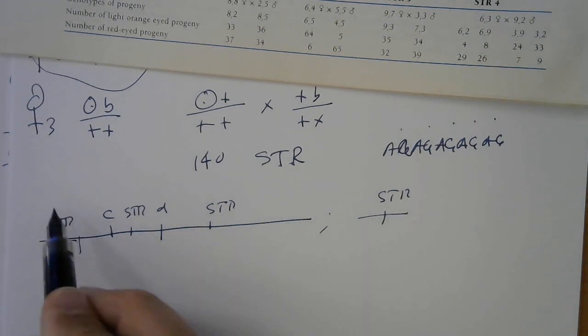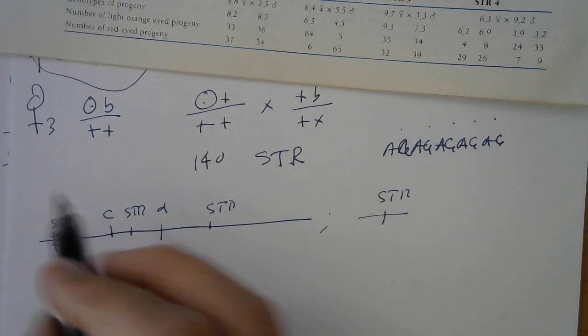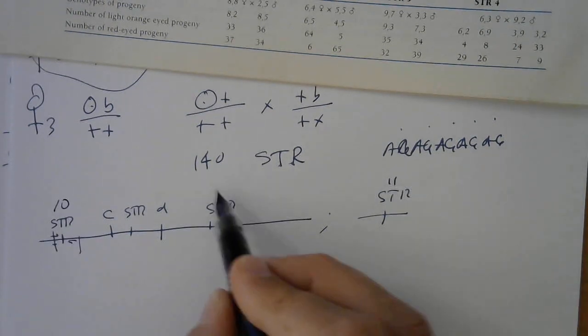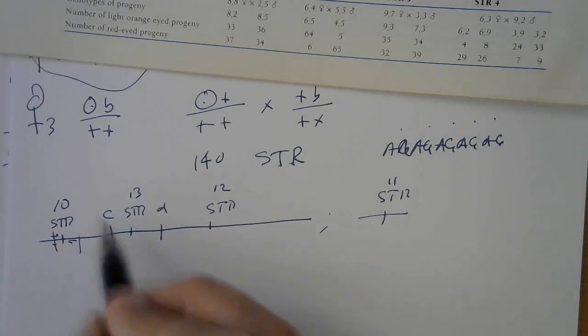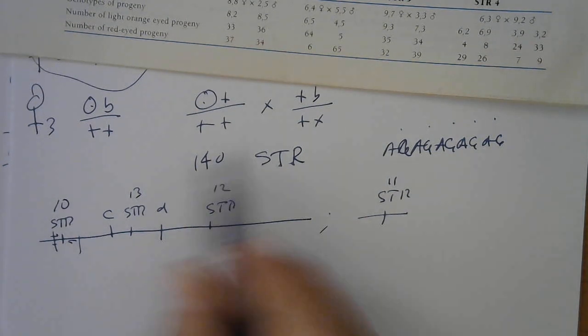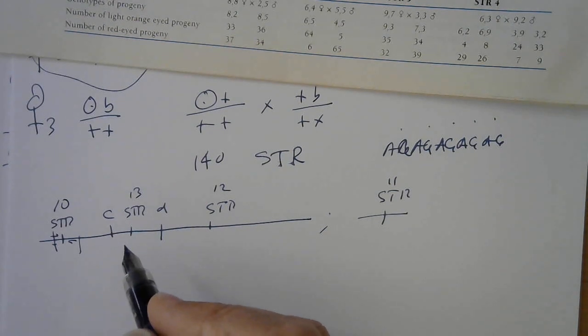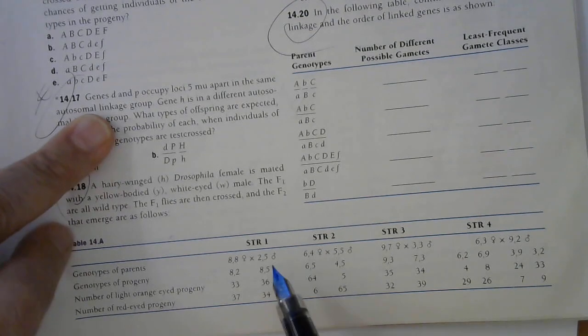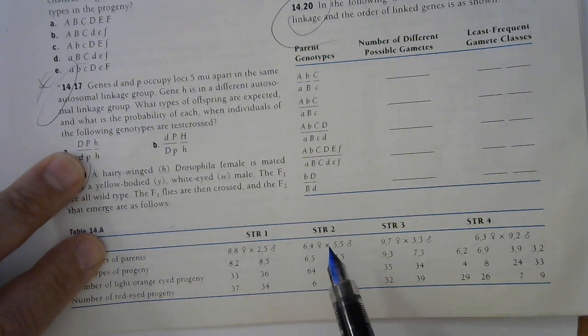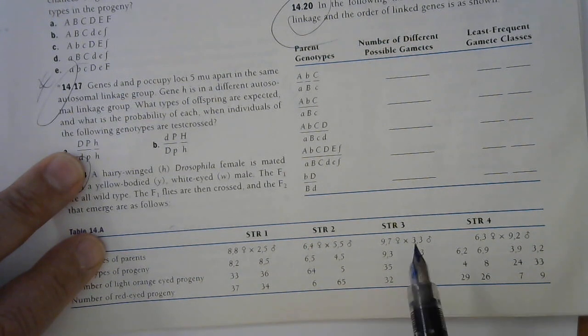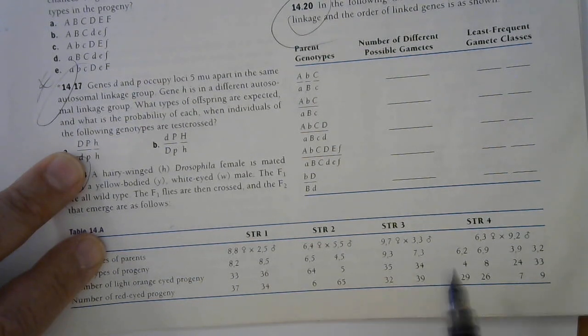So we're going to have different STR numbering, so that could be 10, 11, 12, 13 repeats, and how long they are is going to be different. And because each organism is diploid, that's the other thing, here we finally have evidence that these are autosomal, because the male in some of these cases. Okay, there's something interesting here.